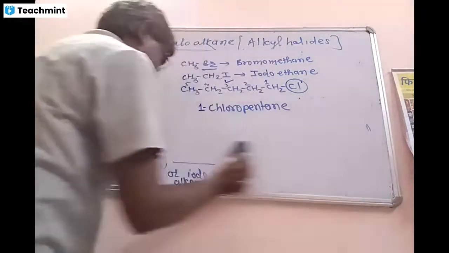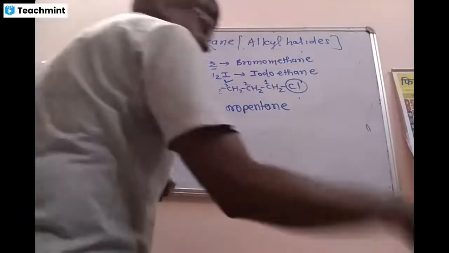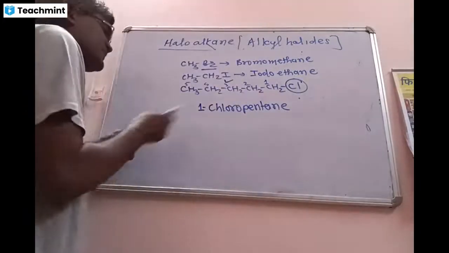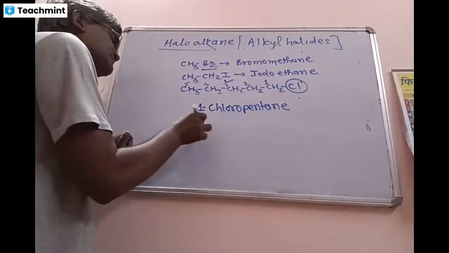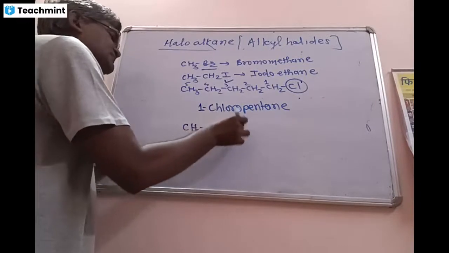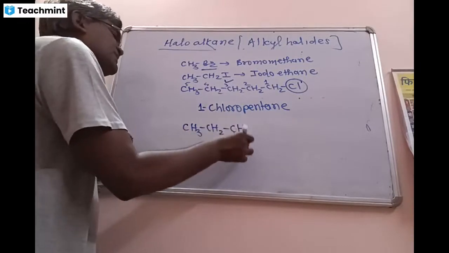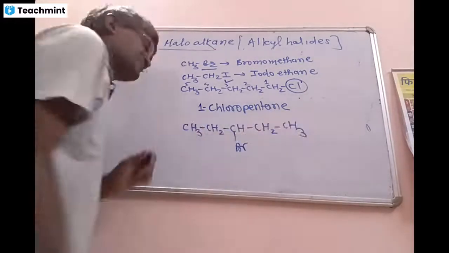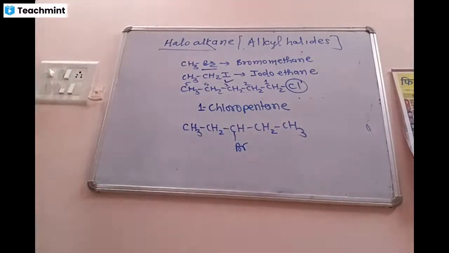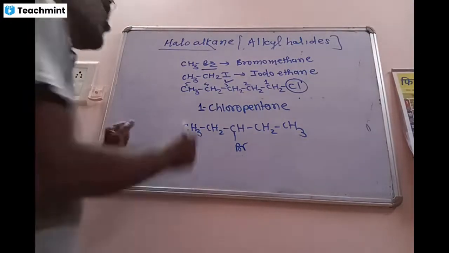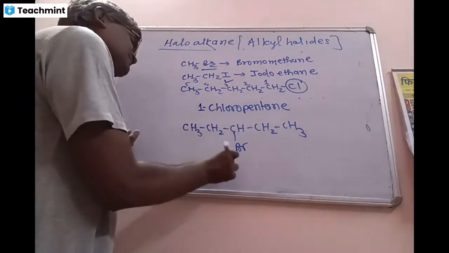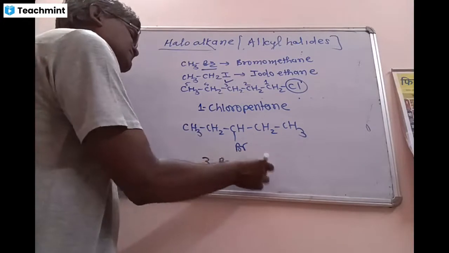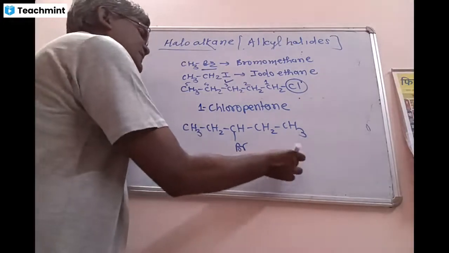Now if I remove this Cl from this carbon and place it somewhere else, okay, let me make it Br. Is it a pentane? Yes, sir. Is it a bromopentane? Yes, sir. Is it 3-bromopentane?